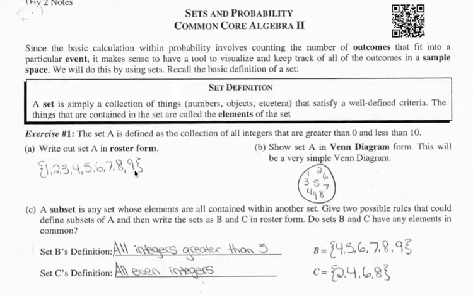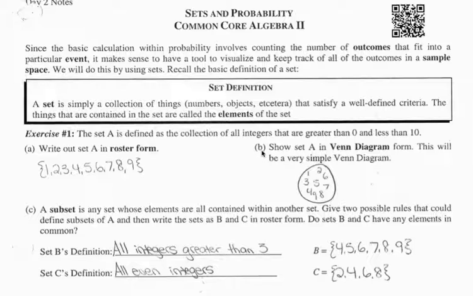Notice 0 and 10 are not included because we're looking for the numbers that are just greater than 0 but not including 0, less than 10 but not including 10. So that's numbers 1, 2, 3, 4, 5, 6, 7, 8, and 9. They're separated by commas, and these are the elements of set A.